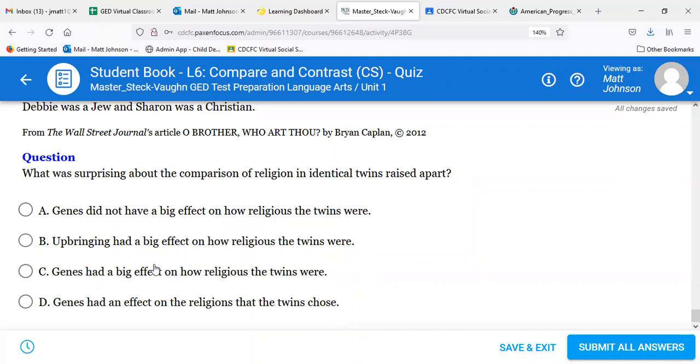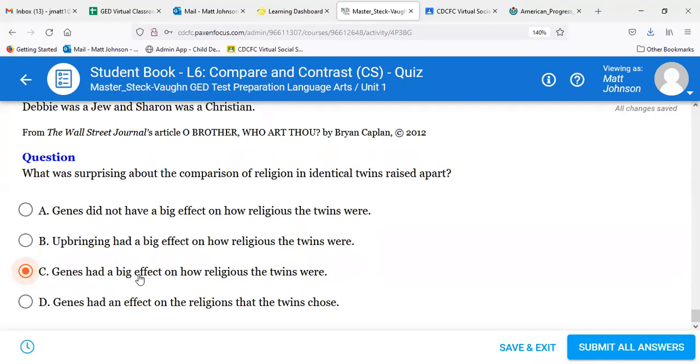B, upbringing had a big effect. Take a look again. So it was C, right? Genes had a big effect, and it says there that genes had an effect on how religious they were, not necessarily the religion they adopted, right? The religion you adopt had a lot more to do with your family upbringing, your social surroundings, where you're raised.